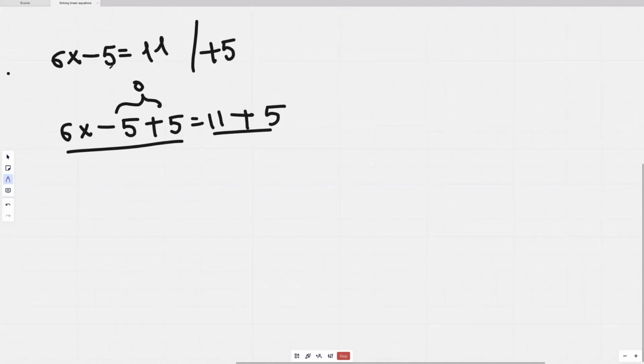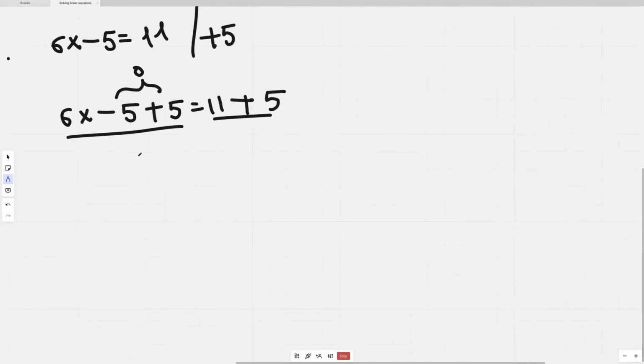From that rule, we know that adding the same thing to both sides is the same as moving the -5 from one side to another while changing its sign. If this is negative, we change it to positive, and positive to negative. We can write it like this, and this is 0. So 6x is equal to 16.